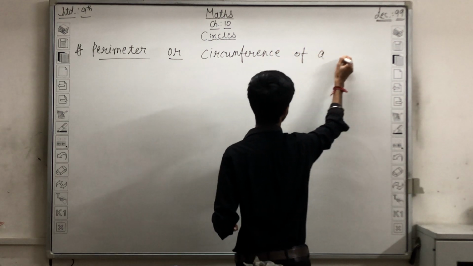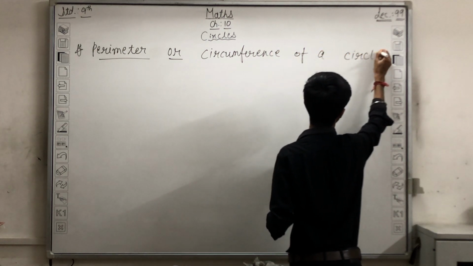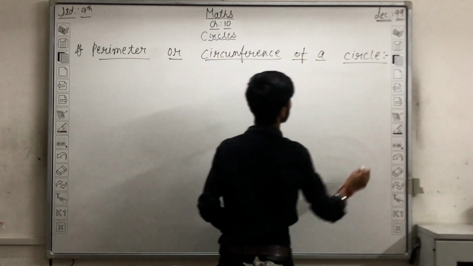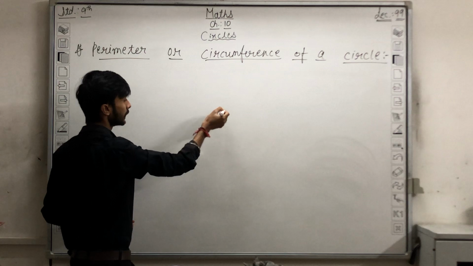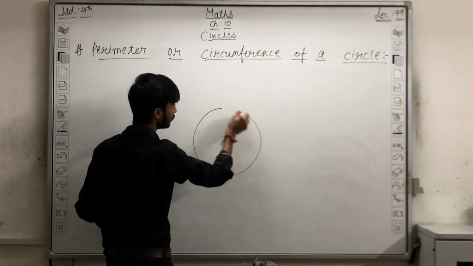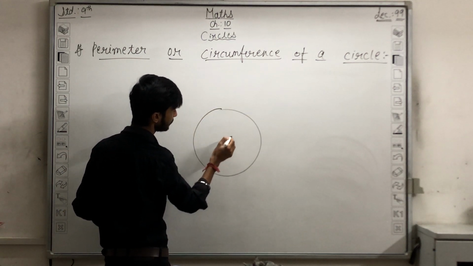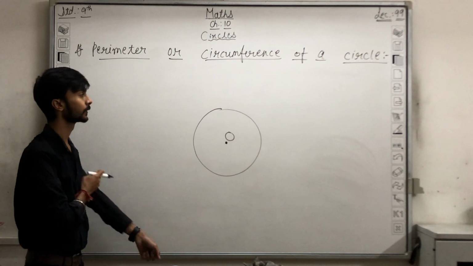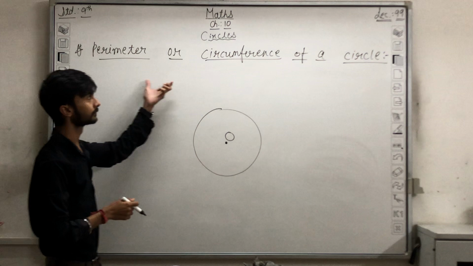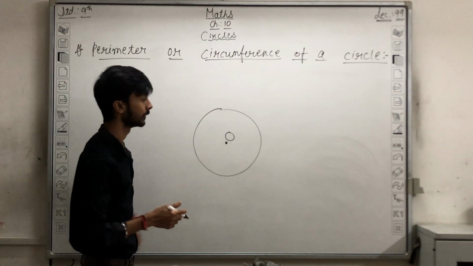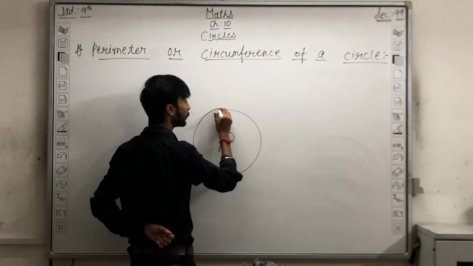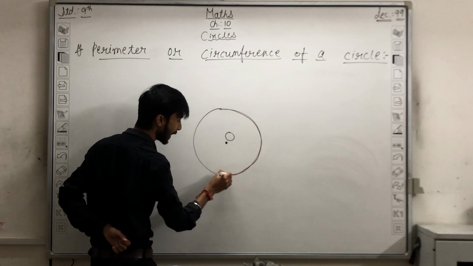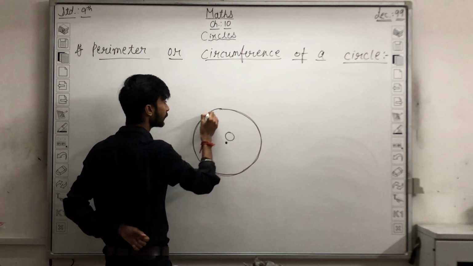Suppose a circle with center O. So the length of this border is called the perimeter or the circumference of a circle.